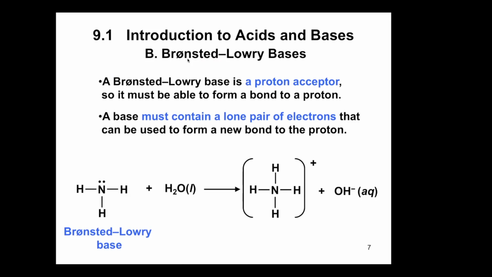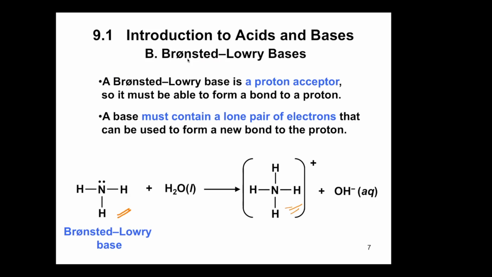So an example here is a reaction between ammonia, NH3, and water. If we look at the whole equation, the NH3 here has its counterpart NH4. As you can see, it gained a hydrogen, that's why it is considered the proton acceptor. Since it is the proton acceptor, it is considered a base, the NH3.